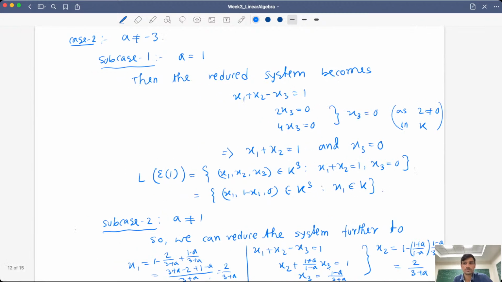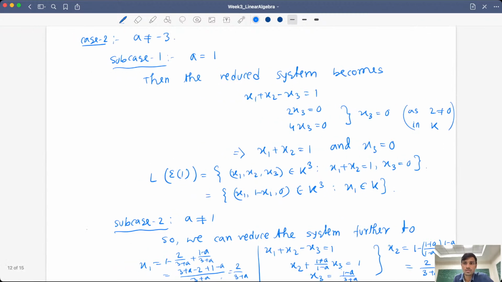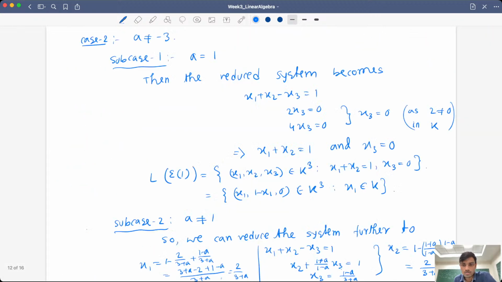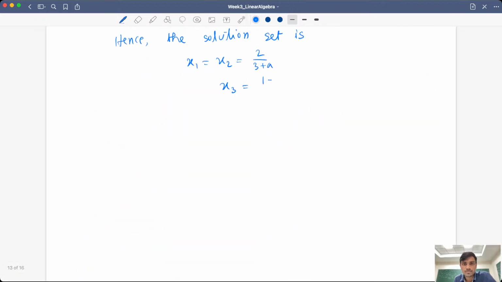Hence the solution set is x1 equal to x2 equal to 2 by 3 plus a, and x3 equal to 1 minus a by 3 plus a.